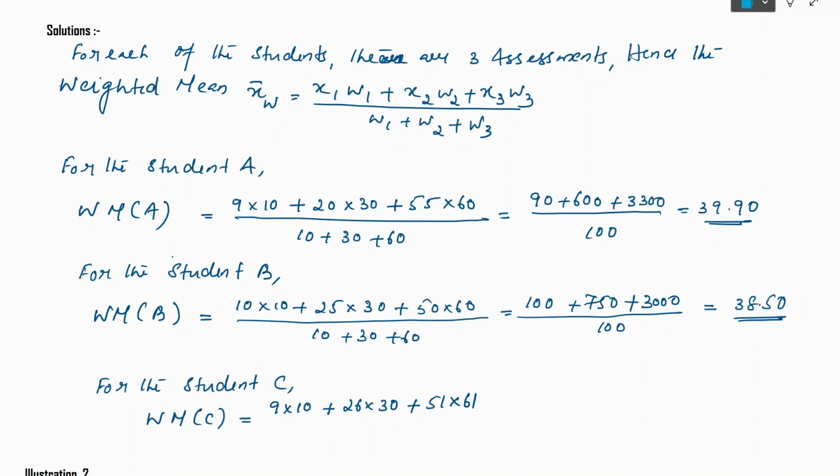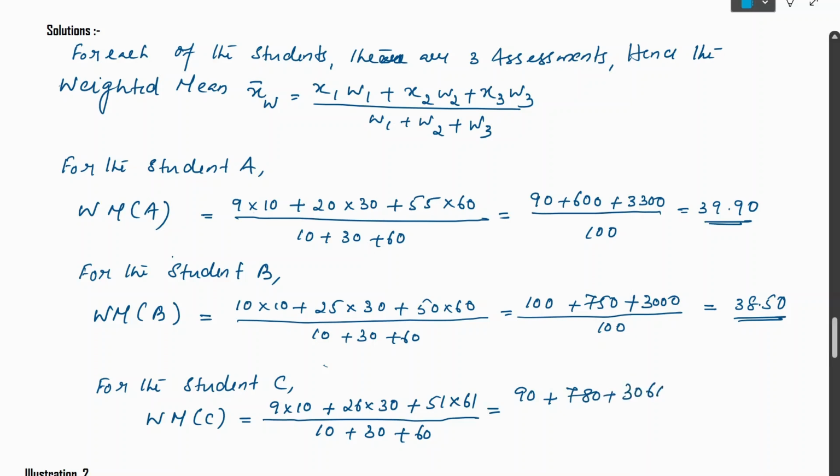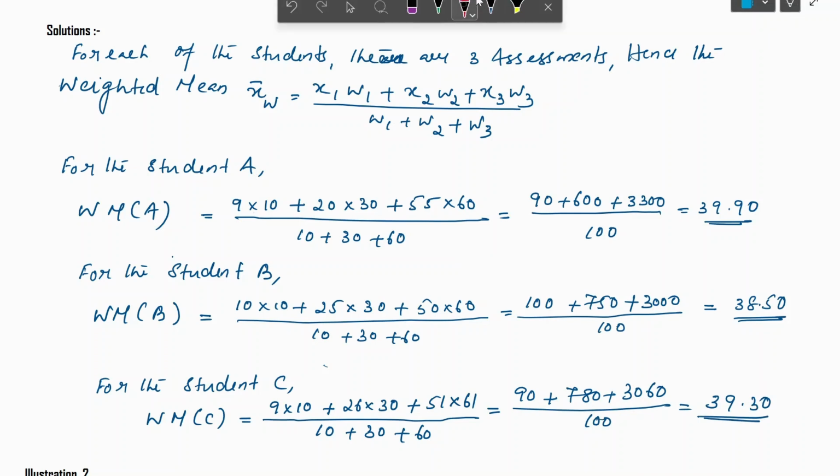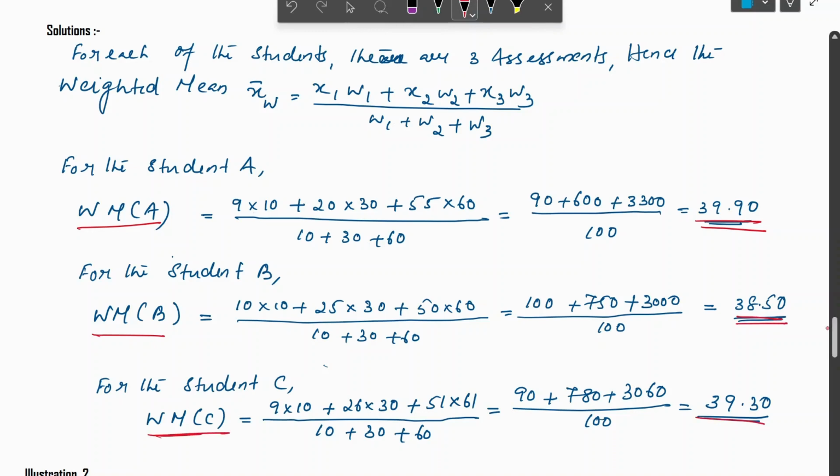Divided by 10 plus 30 plus 60. The answer, that is 90 plus 780 plus 3060 whole divided by 100. The answer is equal to 39.30. Therefore, this is the weighted average for A, that is 39.90, weighted average of B, that is 38.50, and weighted average of C, that is 39.30.